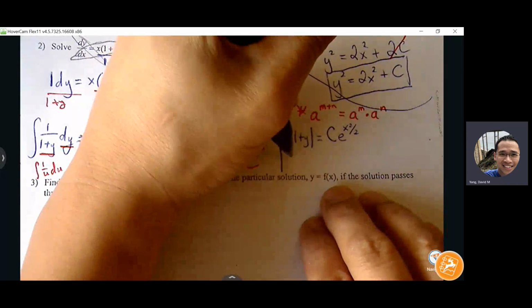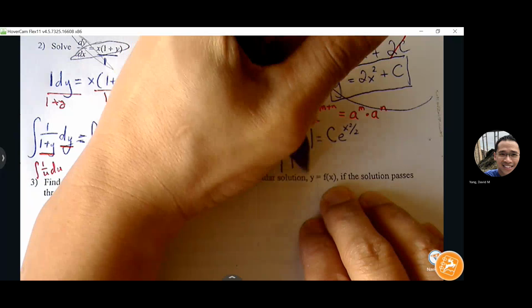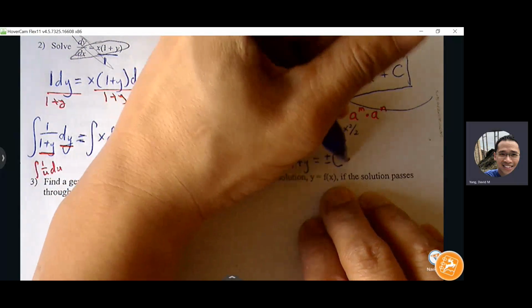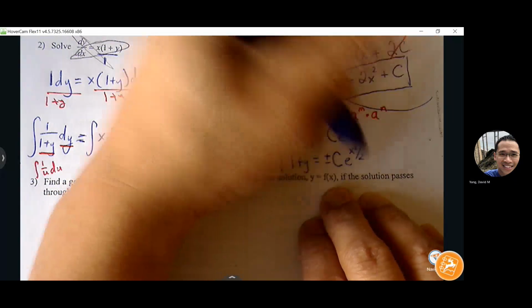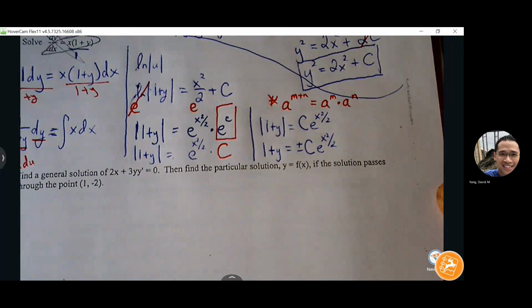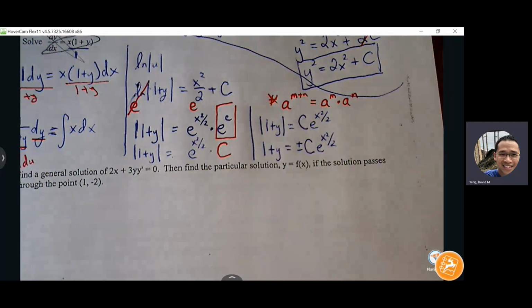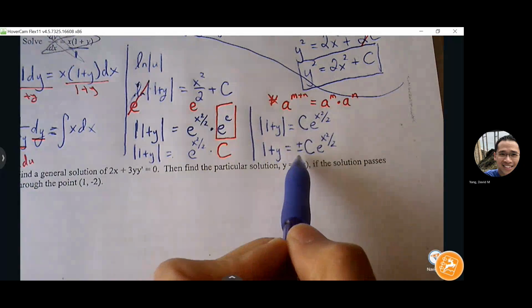So what I'm going to do is drop the absolute value and bring that plus or minus over to the other side, to adjust for the fact that absolute value represents plus or minus.